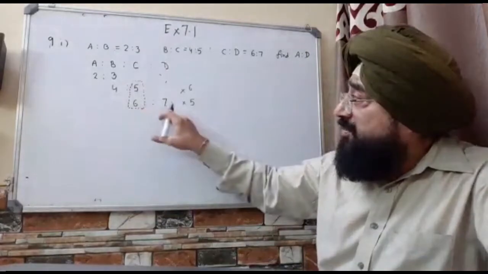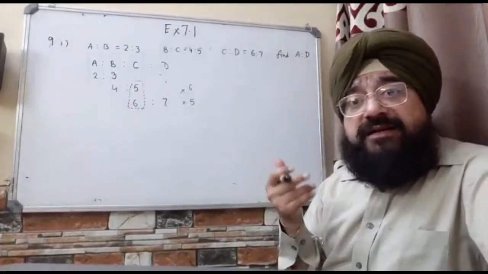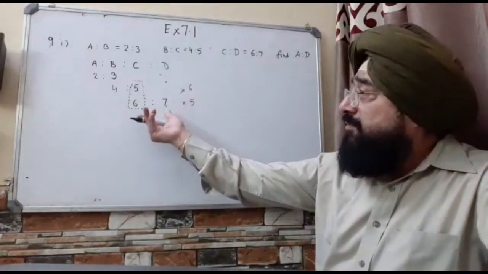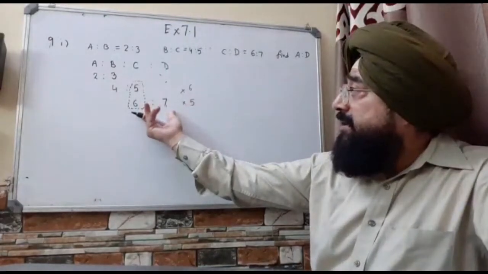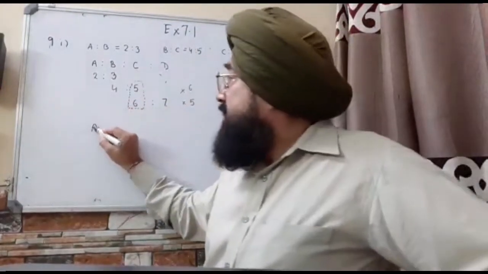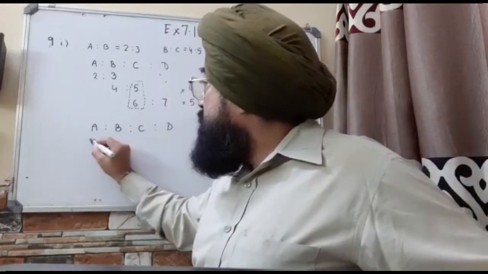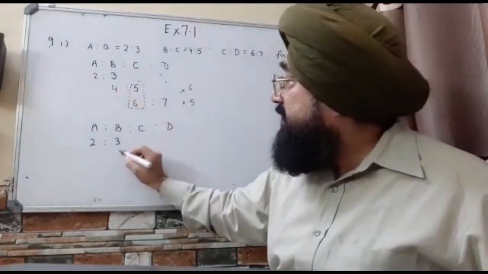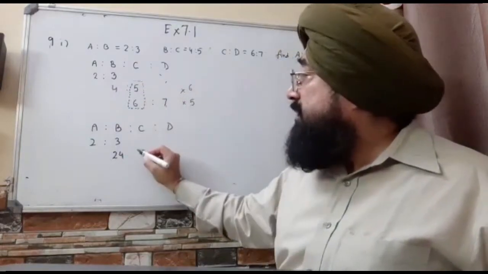And likewise 6 upon 7, I am multiplying this ratio, meaning both antecedent and consequent, both terms of the ratio, with 5. So again, the value of this ratio will also not change. And I can rewrite A is to B is to C is to D as 2 upon 3 untouched. But this can now be written as, see, 6 multiplied with 4 is 24, and 6 multiplied with 5 is 30.